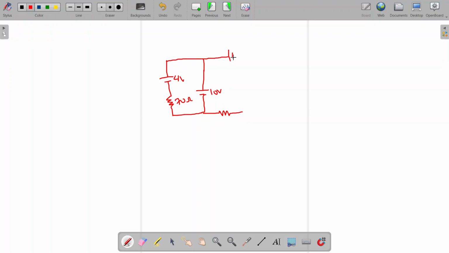We have a battery of 5 minus 1, which we calculated as 4 volts, and this whole resistance is some 130 ohm. Now we'll write the current flowing in the circuit. That is rather easy to evaluate because there is no resistance. Is there resistance? Yes, there is resistance. 30 ohm resistance is there. So this is 30 ohm resistance. After evaluating all of this, we will be able to find the current through this particular resistance.